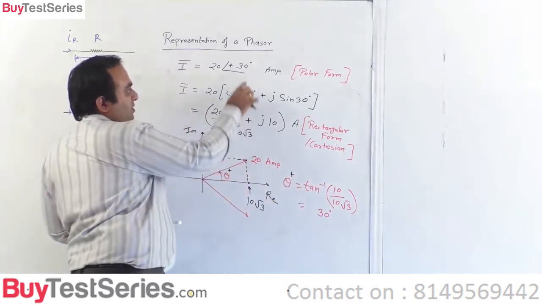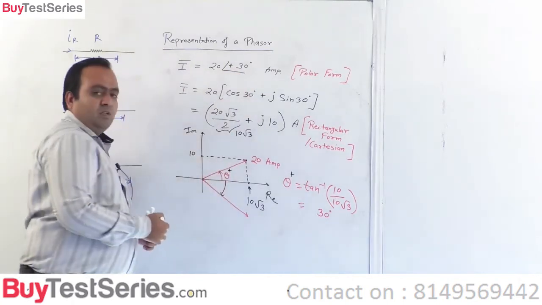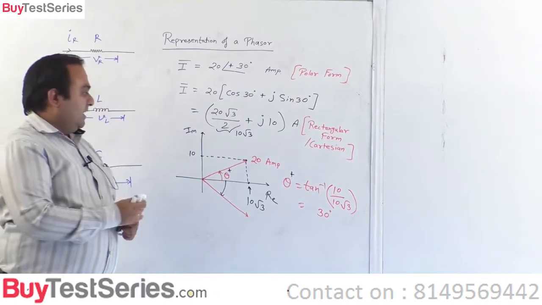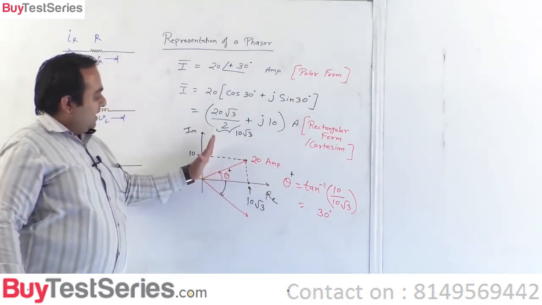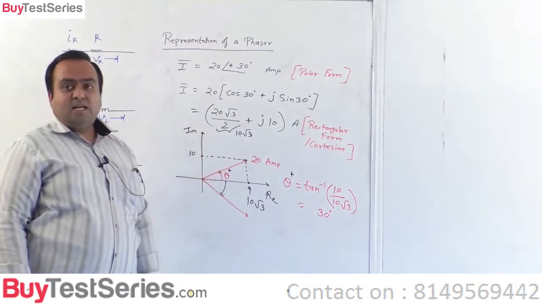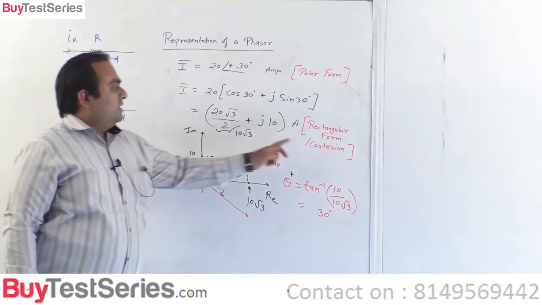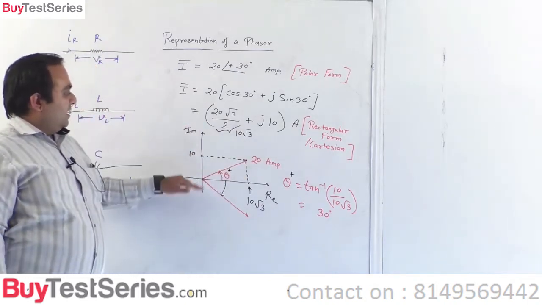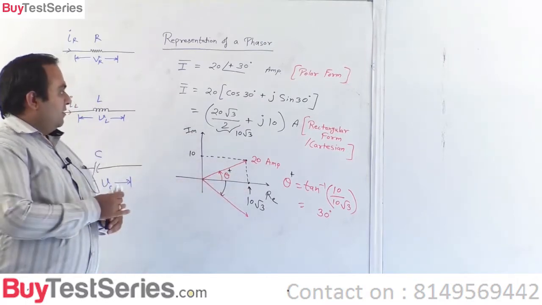If it was minus, then this would be minus 30 degrees. So if we measure in the anti-clockwise direction, theta is plus 30 degrees, and if we measure clockwise, it is taken with the minus sign, so it becomes minus 30 degrees. So this is called the rectangular or Cartesian form. It can be represented on the complex plane like this. You are already familiar with it.